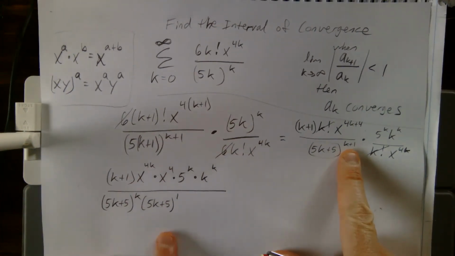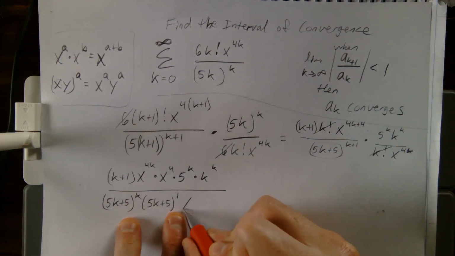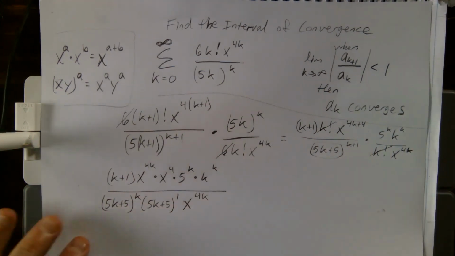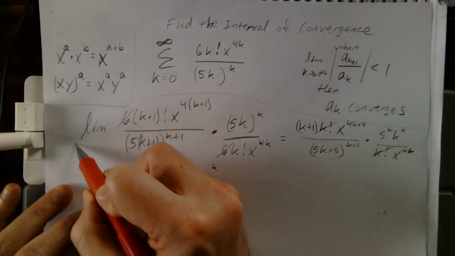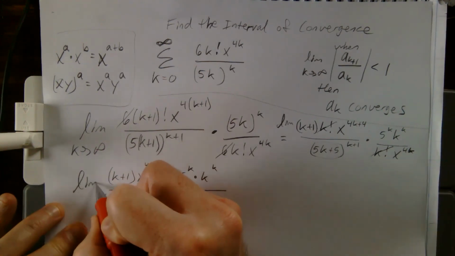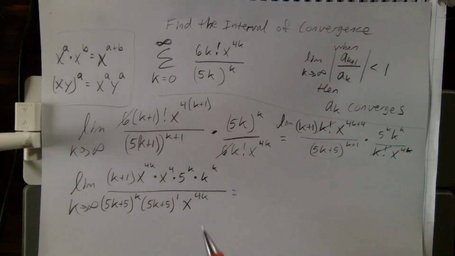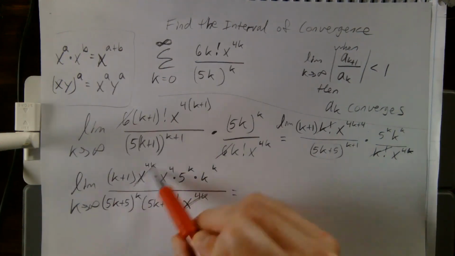Now that's the same property, splitting this up, of x to the 4k. Remember, we're doing a limit, so we don't want to forget about that. But we won't apply the limit yet. We have all kinds of cancellation that can happen.